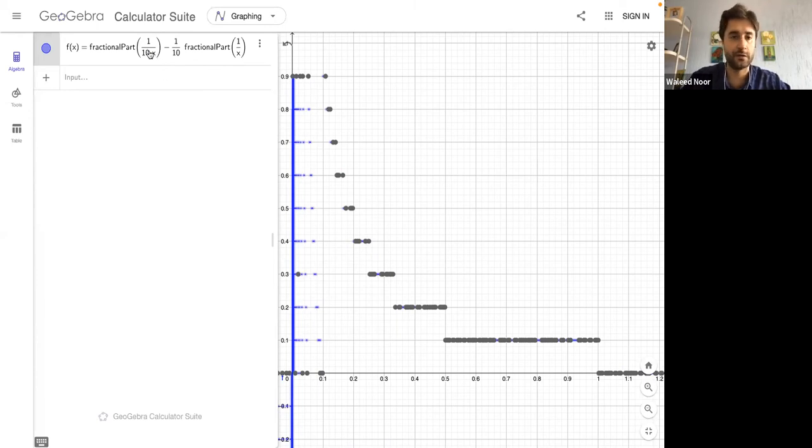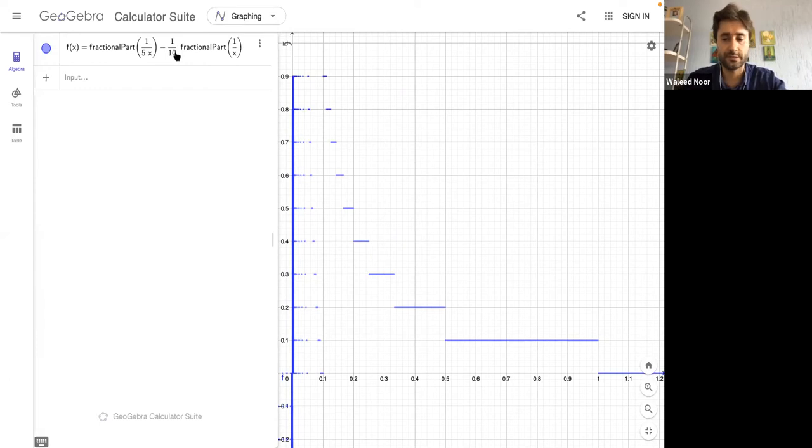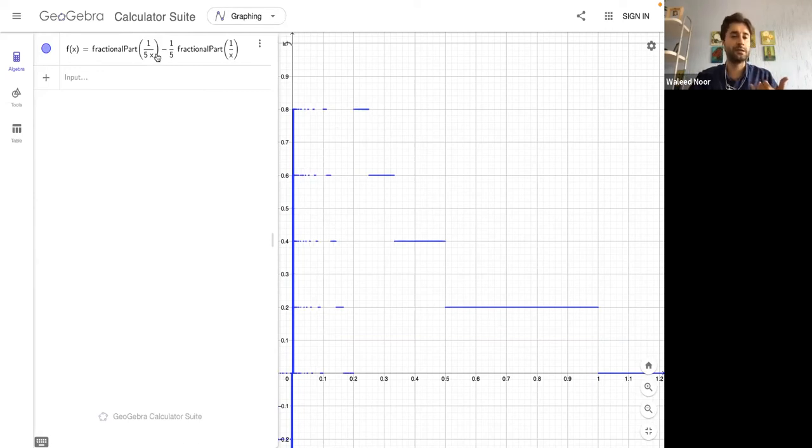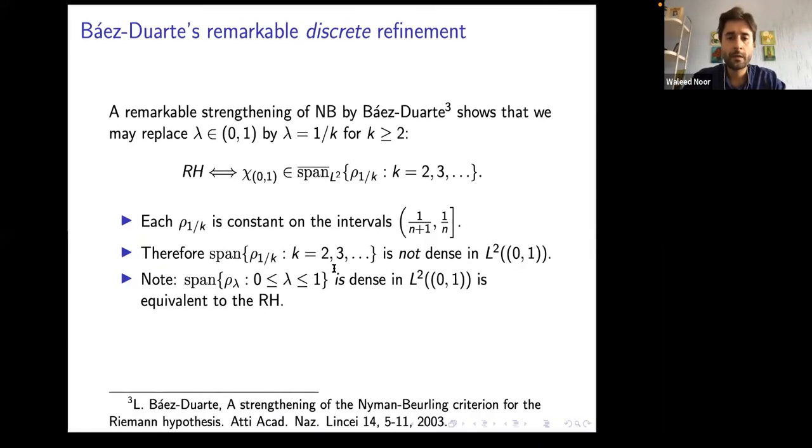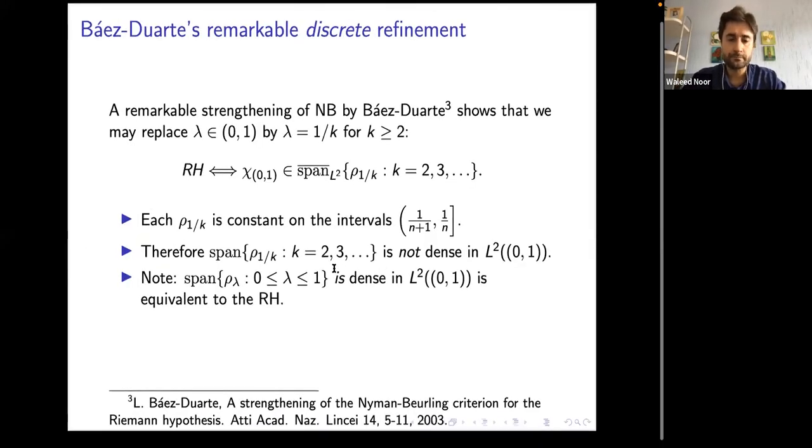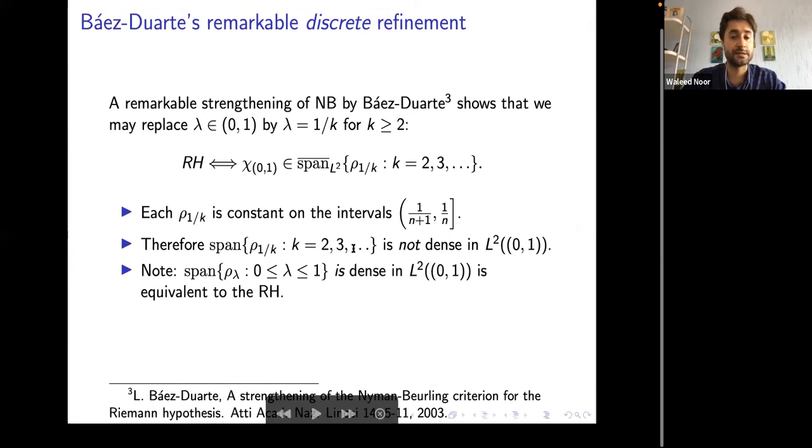If you change here from 10 to 5, for example, so lambda is equal to 1 over 5, you should get 5 different lines. So once you increase, if you go to 1 over 100, 1 over a billion, you get basically functions which are almost everywhere constant, something like step functions or simple functions. Of course, a consequence of this is that the span cannot be dense in the L2 space.